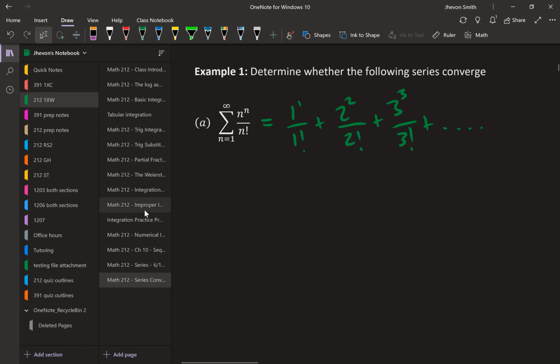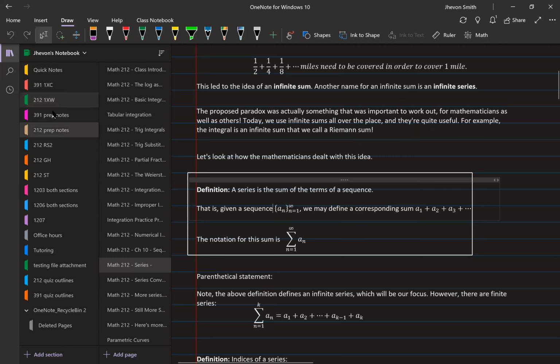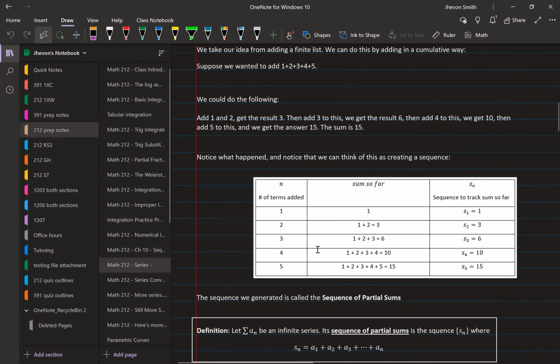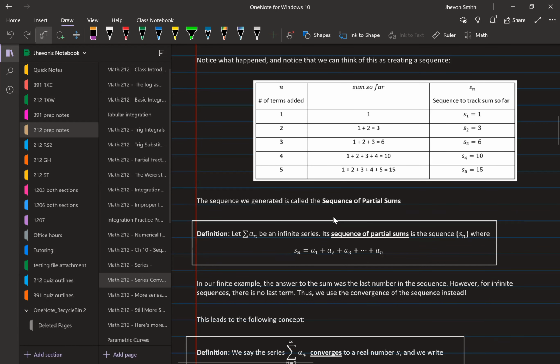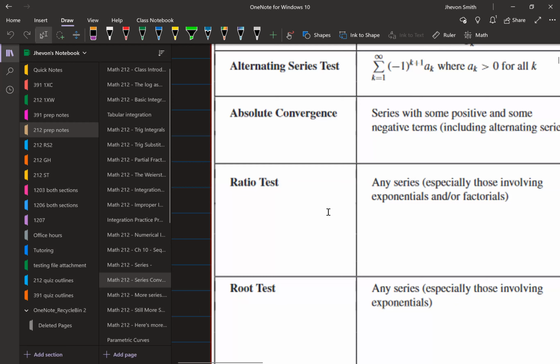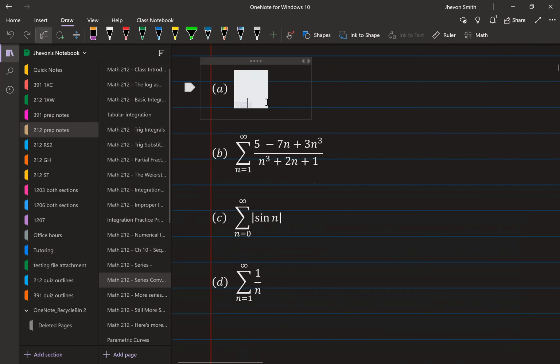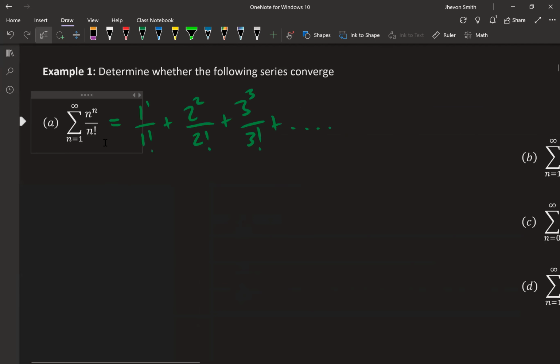Let me fix that. The denominator is okay, but the numerator is not okay. All right, so how would I know whether or not this converges based on the test for divergence?